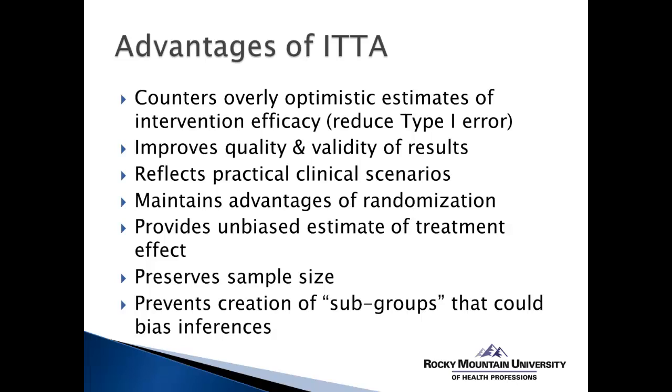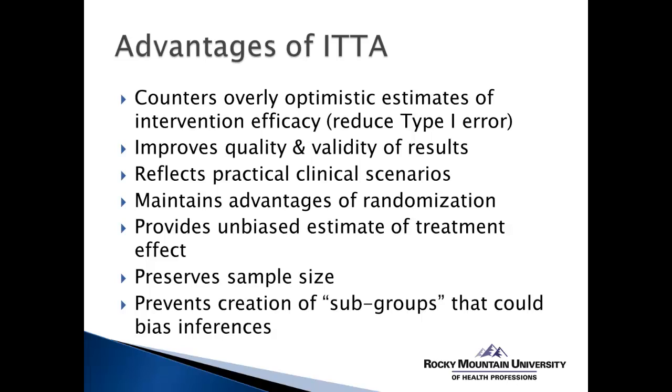So that strengthens the validity, the quality, as well as the generalizability of our study results. Intention to treat also really reflects what happens in clinical scenarios, because it admits that there is non-compliance and there might be protocol deviations, because in the real world sometimes patients forget to take their medication, sometimes patients forget to do their treatment, and so this really reflects what happens in the real world.